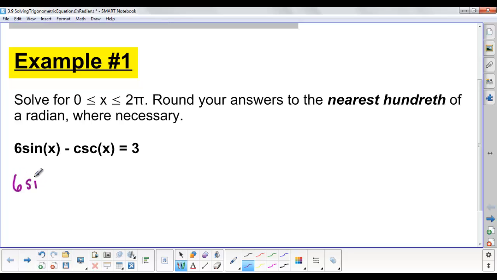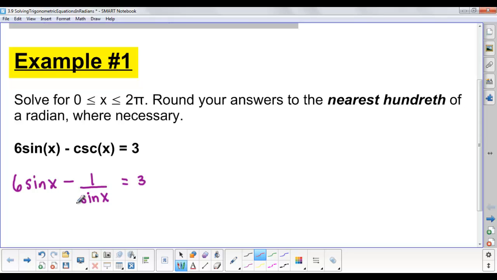So 6 sine x minus, now cosecant is really just the reciprocal of sine, so 1 over sine x, and then equals 3. The problem we're faced with here is that now we have a fraction, and even worse, sine x is in the denominator.